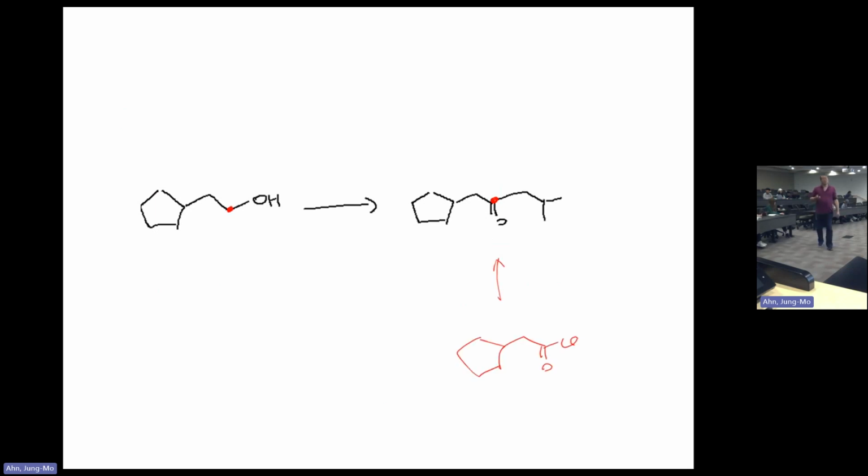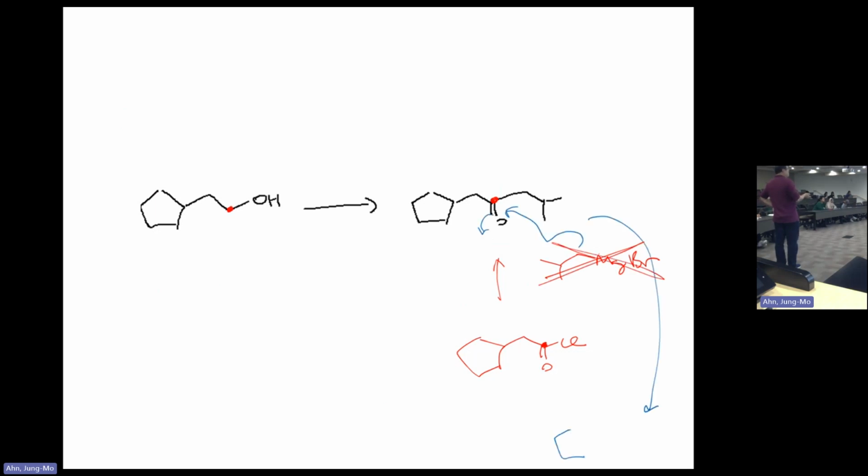So think about that. If you have an acid chloride there, then you can easily produce that one by using the diethyl cuprate, right? No Grignard, because if you use a Grignard, you get a tertiary alcohol. So you're going to use a diethyl cuprate for doing that.